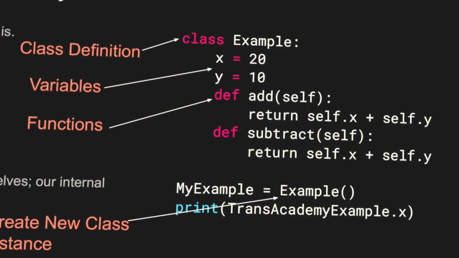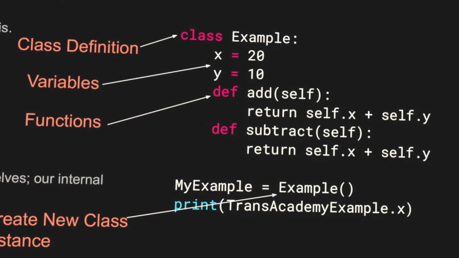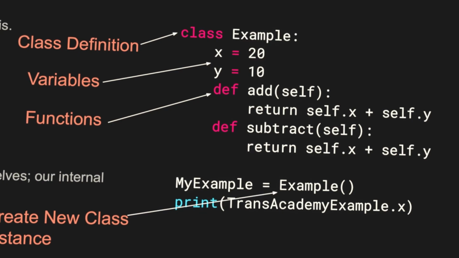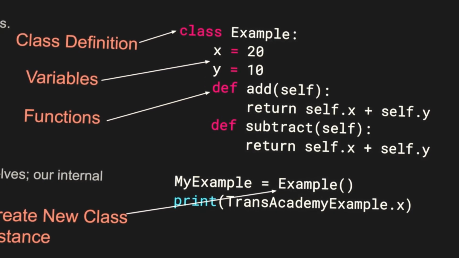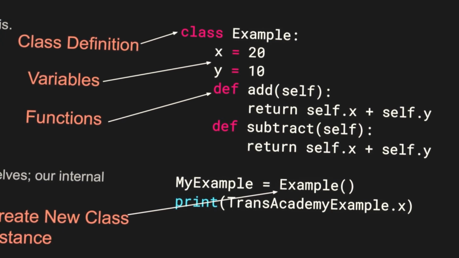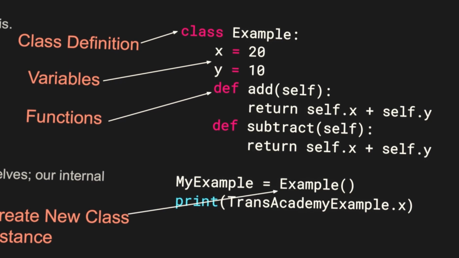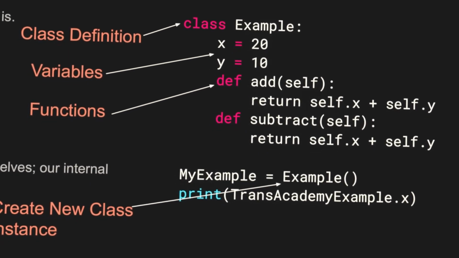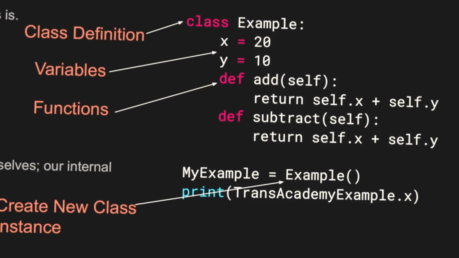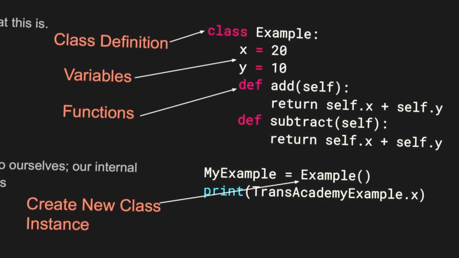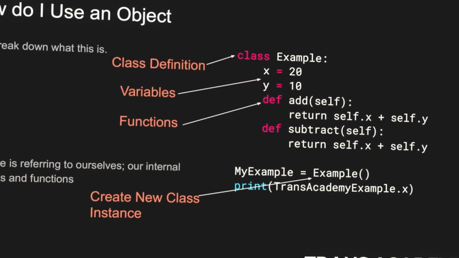The functions themselves are defined in a very similar manner, with the exception of having the self keyword if you want to access other properties, by which I mean variables or functions that are currently inside of your class. Creating a new class instance is handled a little differently from language to language. In the case of Python, it's simply calling this and creating a new instance.